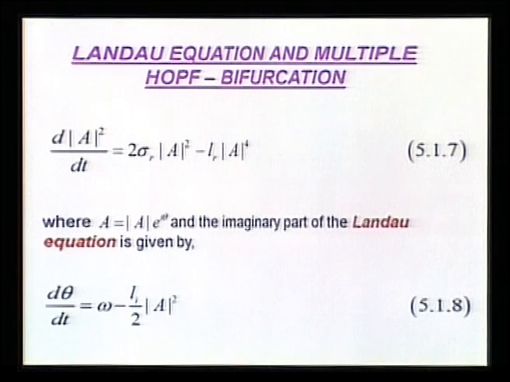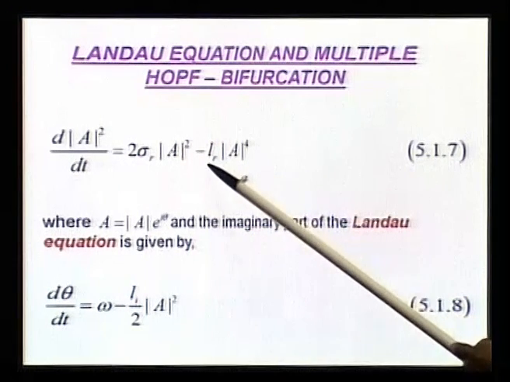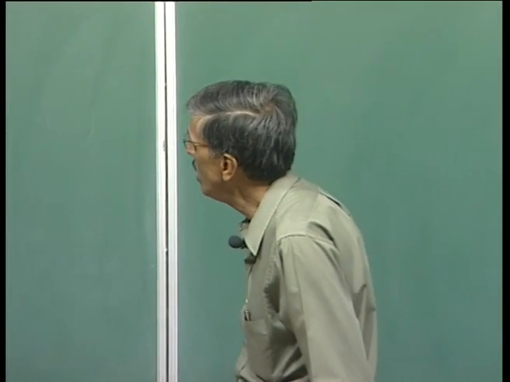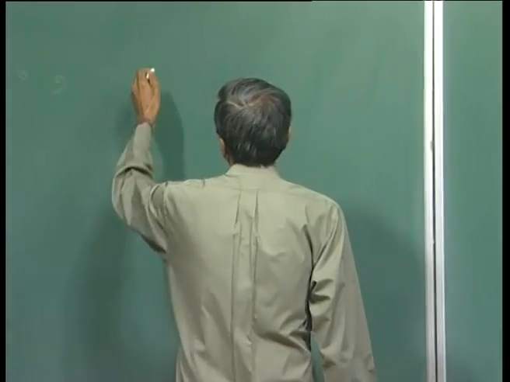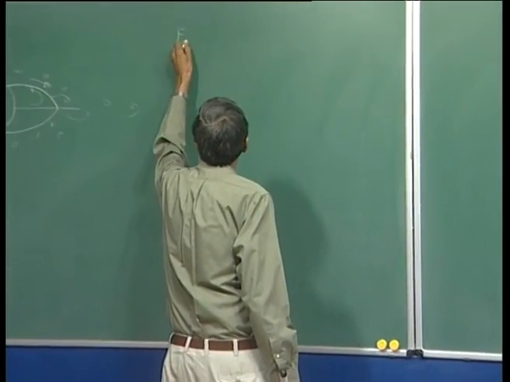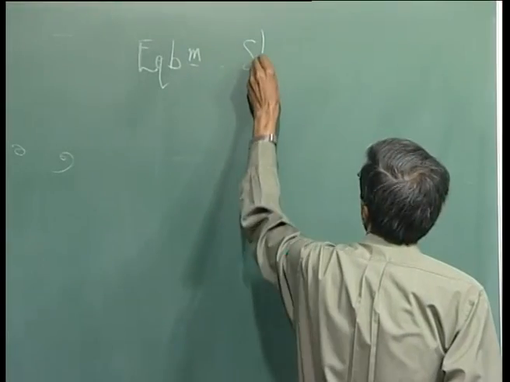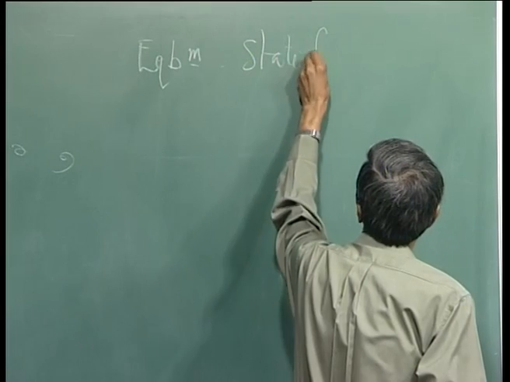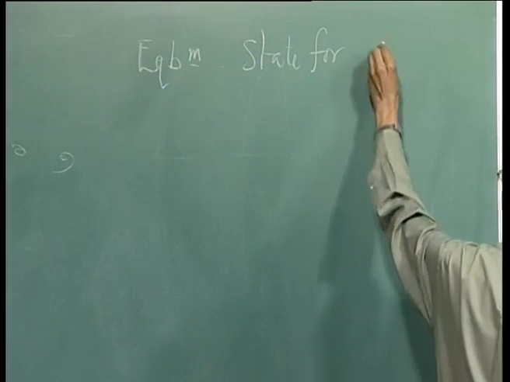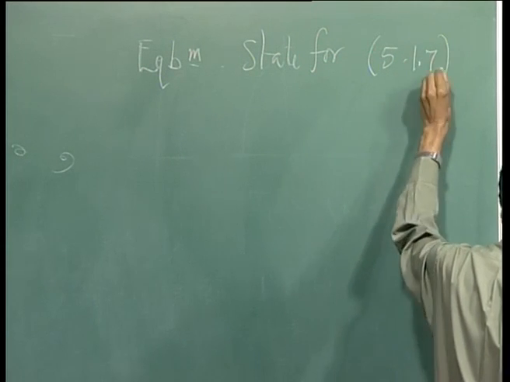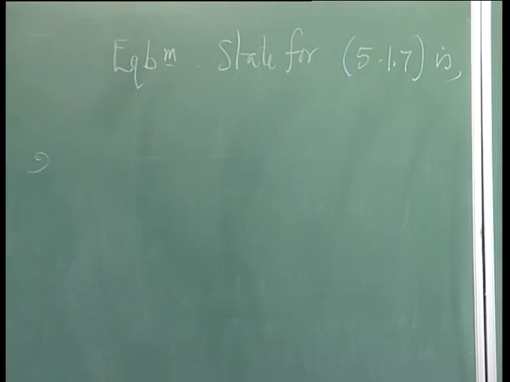Now, if I look at the amplitude evolution equation, what I can do is study an equilibrium state. So, the equilibrium state of 5.17 is what?